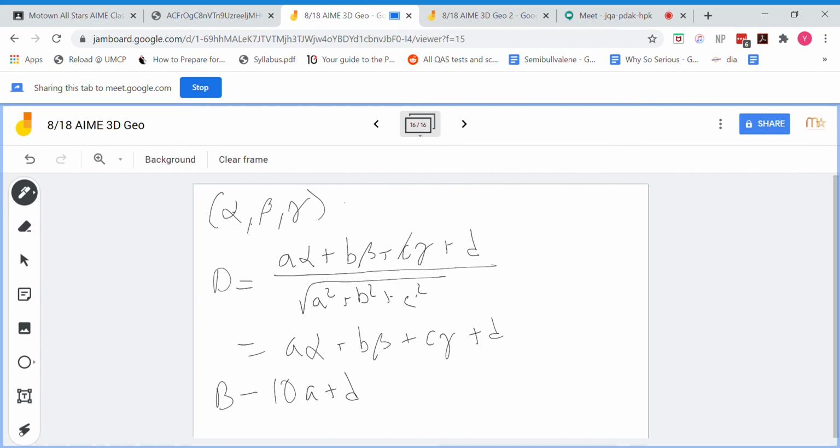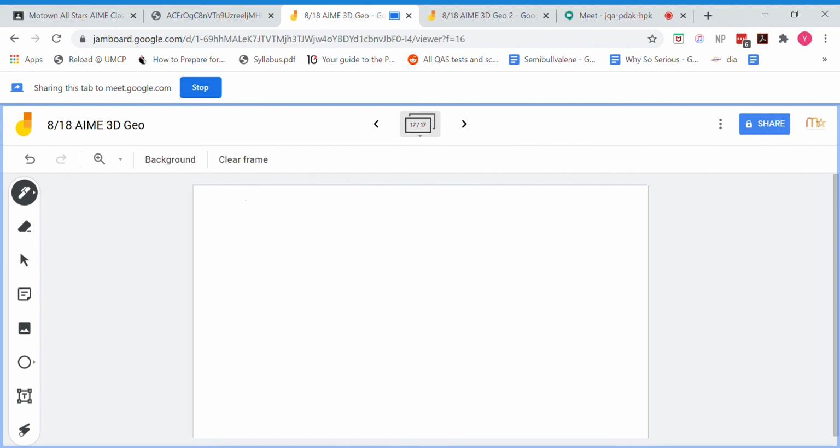From point C, the distance is 10b plus d. And from point D, the distance is 10c plus d. So what we end up with is 10a plus d equals 10, 10b plus d equals 11, and 10c plus d equals 12.